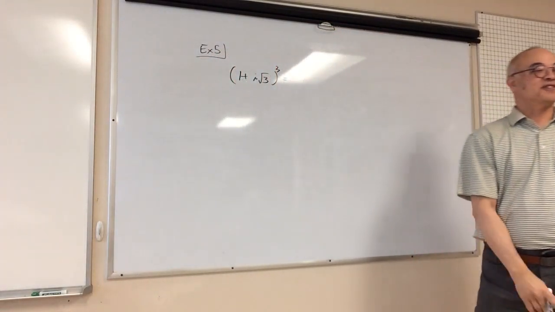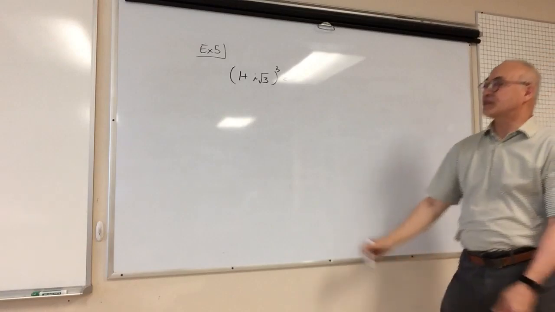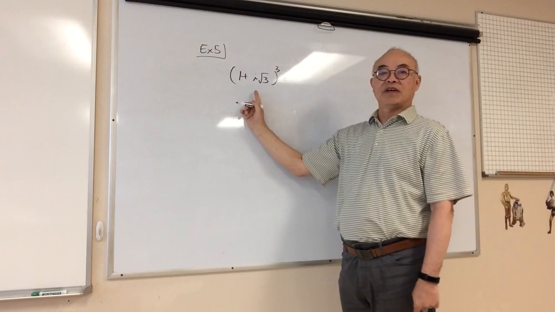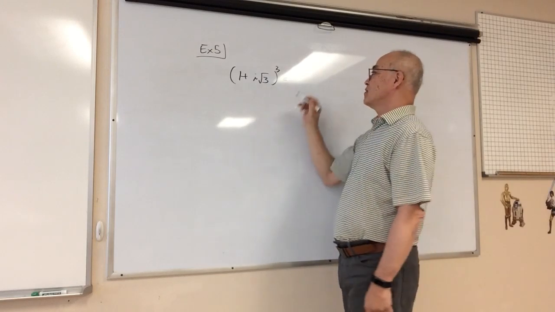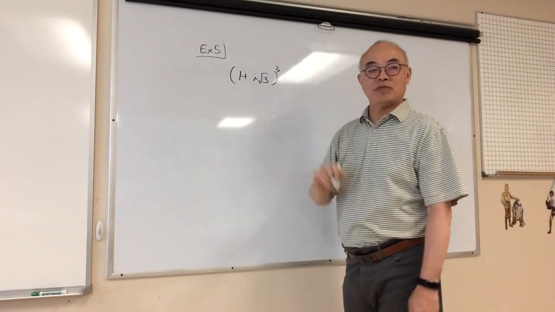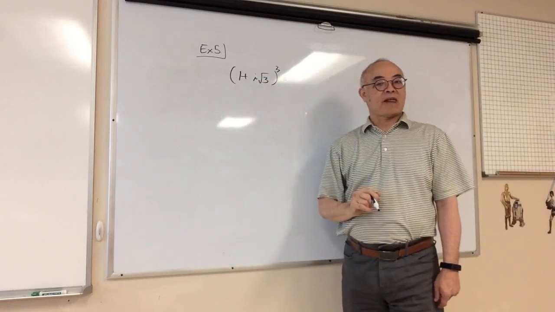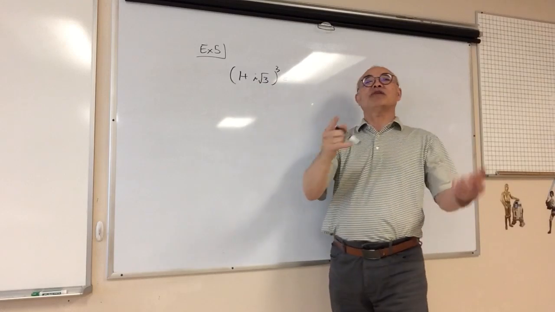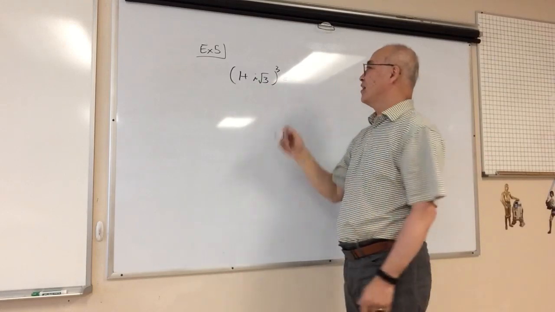Okay, so let's see if we can do this. In order to do this, I have to change this, which is in Cartesian form, into polar form. So what's the modulus going to be? 1 plus i root 3. Square root of 4, right? You have to square root it, right? Exact same thing.